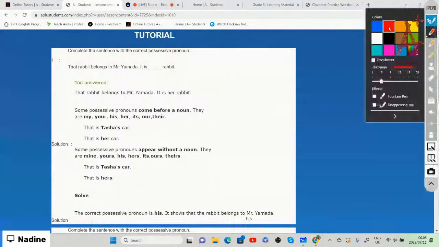All right, so some possessive pronouns come before a noun, right? So some possessive pronouns are my, your, his, her, its, our, and their, right?